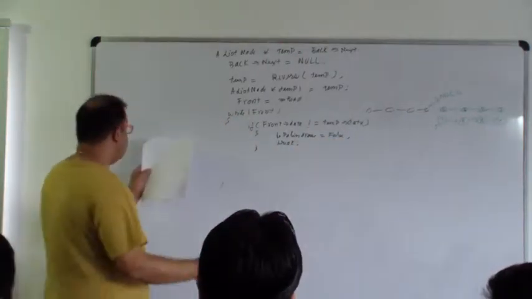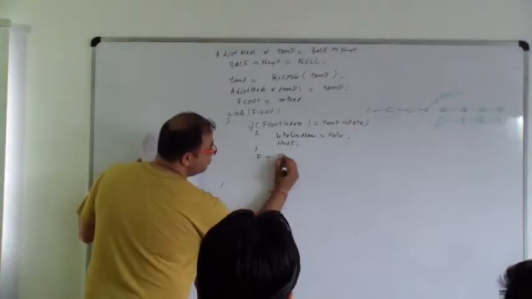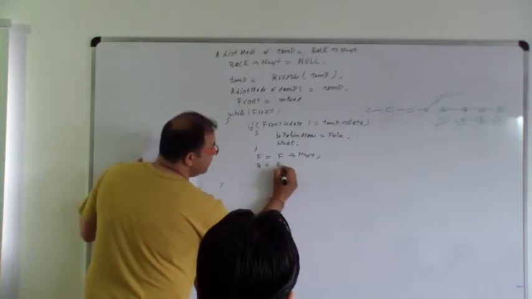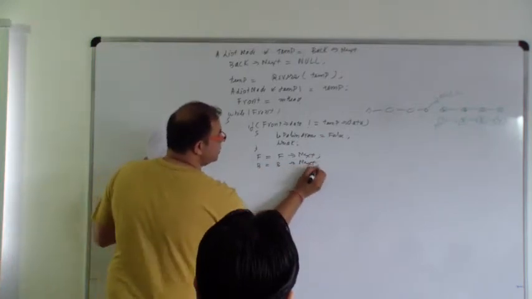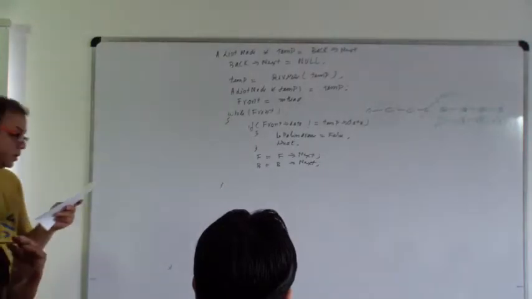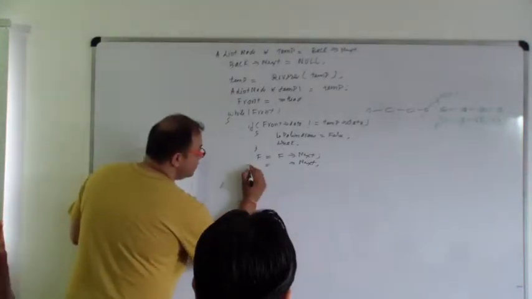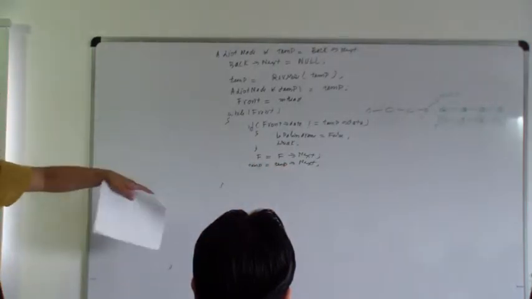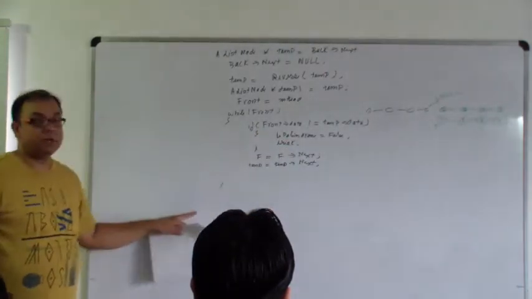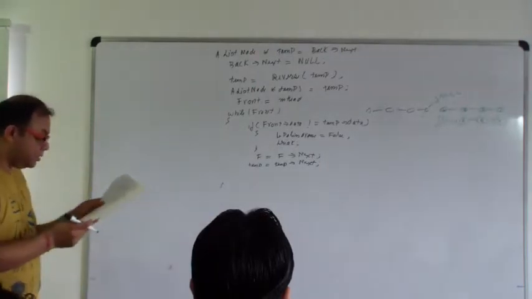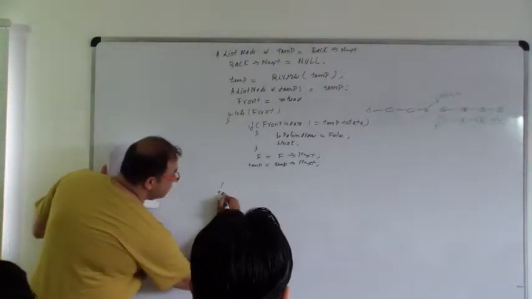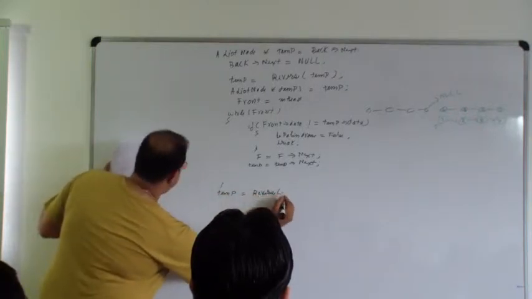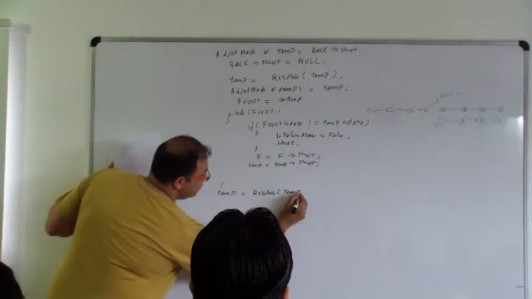Otherwise, we will do front is equal to front arrow next and back is equal to back arrow next. Sorry, temp is equal to temp arrow next. So this will continue. If it is not a palindrome, it will break out.